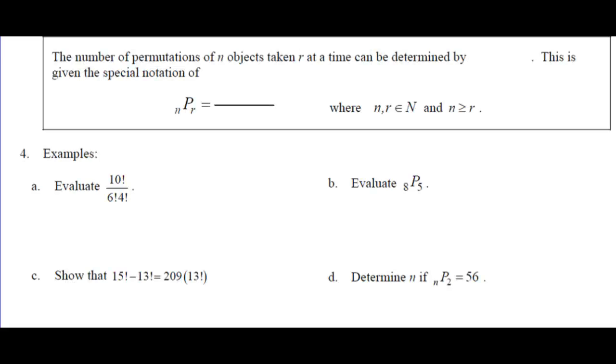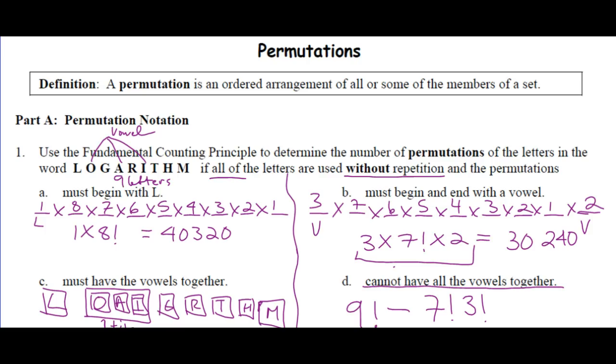Well, here you go. The number of permutations of n objects taken r at a time, so we had 7 objects taken 3 at a time or 5 at a time, can be determined by... So we just saw, right? It's n factorial over, all right, let's back up.